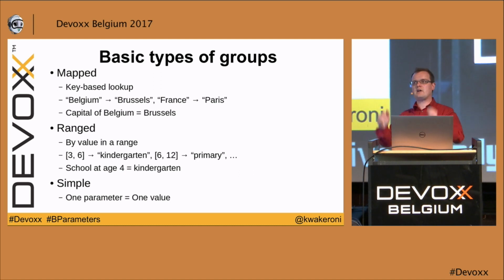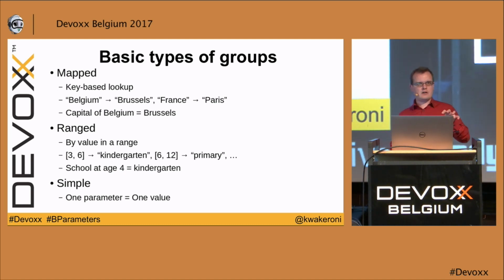So you give a range of values, and if you request the parameter value for a certain value, so if we want to find the kind of school at age 4, then we will find there the kindergarten. And then a third type is just simple parameters. You will have one parameter which can have one value.